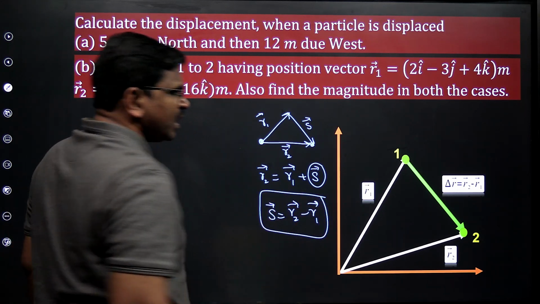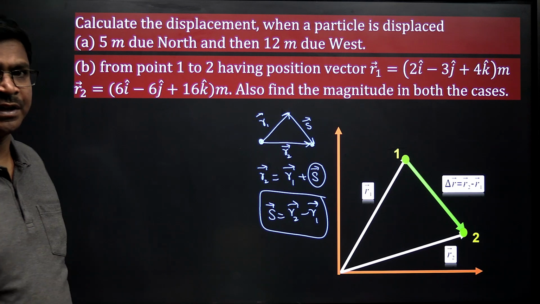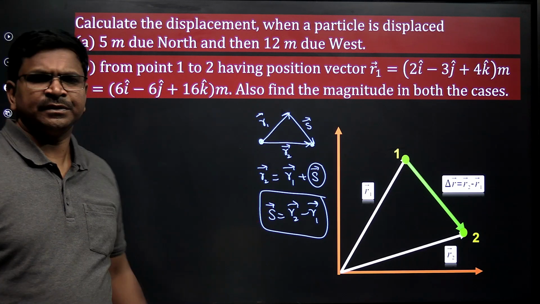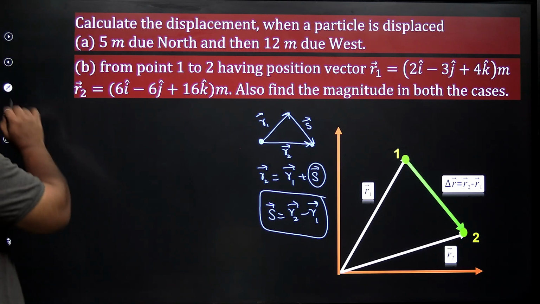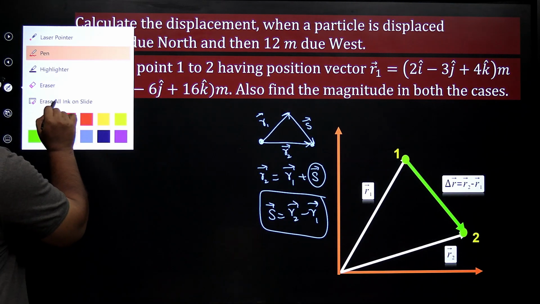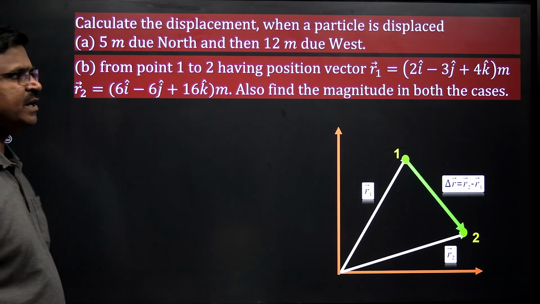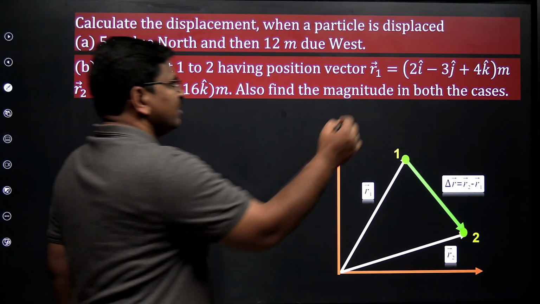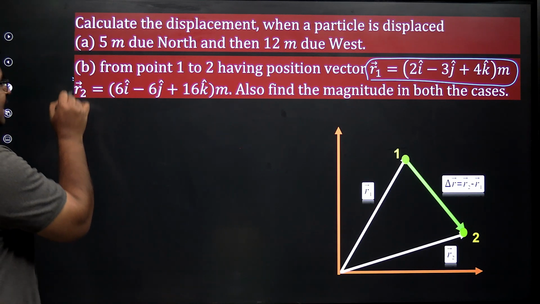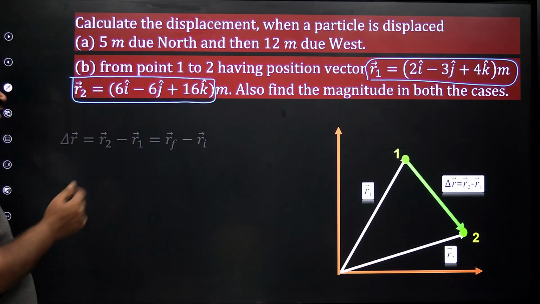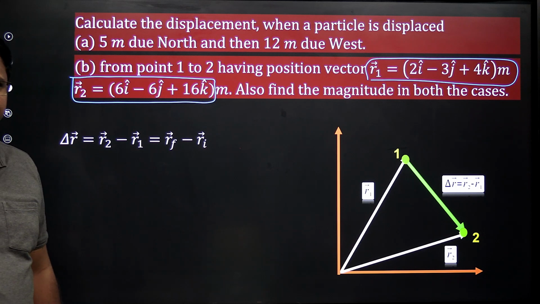If you forget the formula which we discussed earlier, you can follow this one, R2 minus R1. And a simple idea here, observe the data: R1 is 2i minus 3j plus 4k, and R2 is 6i minus 6j plus 16k. Just R2 minus R1 is our displacement.